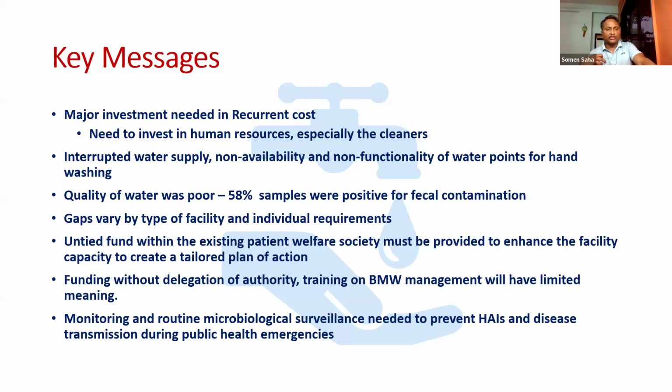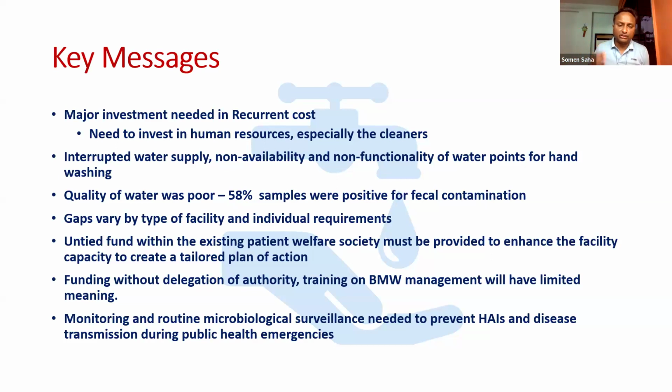In the Indian scenario, in public healthcare facilities, there is a system of untied funds which are not tied to a particular budget head. So what we advocated was more use of untied funds, so that facilities can make decisions based on their individual needs. But along with resource allocation, what is required is delegation of authority so that they can take better decisions, and training on biomedical waste, which was very limited.